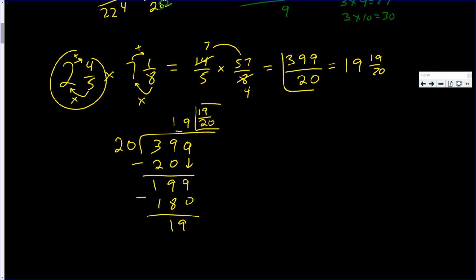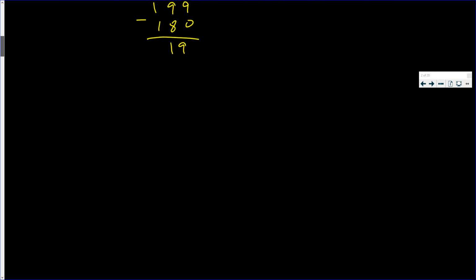Another thing is, this is 1 less than 20/20, so it's going to be 19 over 20. Okay, but that's advanced. I can just look at this and say that's the answer. One day, you too will be able to do that.